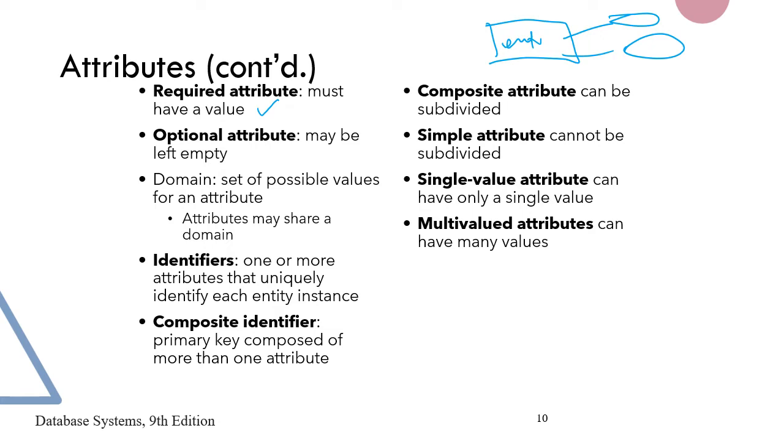Then we have identifiers. Which of the attributes is an identifier? We can recognize it by using their syntax. An identifier is one or more attributes that uniquely identify each entity instance. Next is a composite identifier, a primary key composed of more than one attribute.